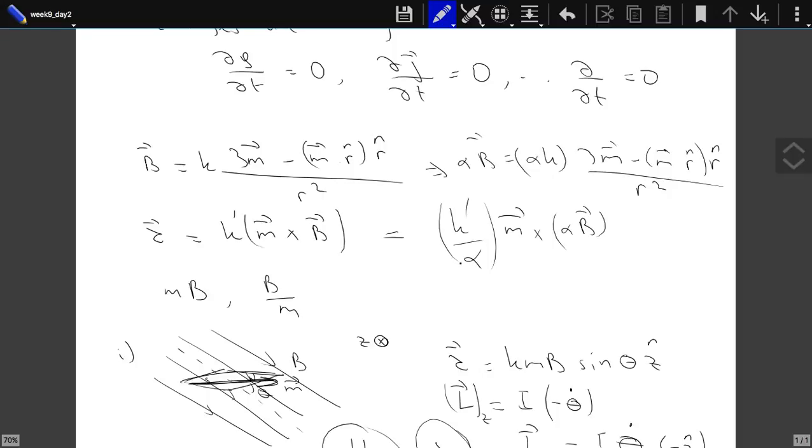Now what this tells me is, instead of calling some quantity B, I can call alpha B my B. It will just correspond to a change in K and K prime. Change of units. I can in fact change my units K and K prime as I wish. It will just change how I define my B.